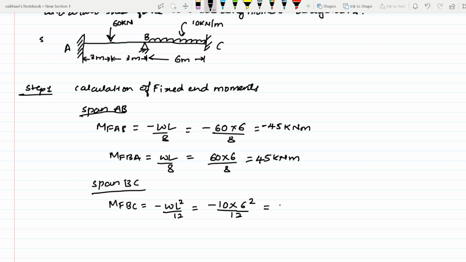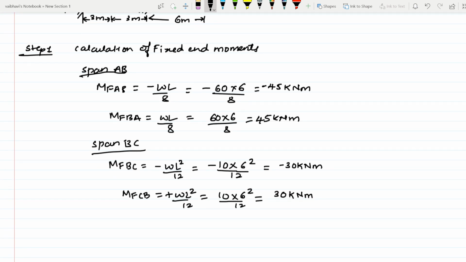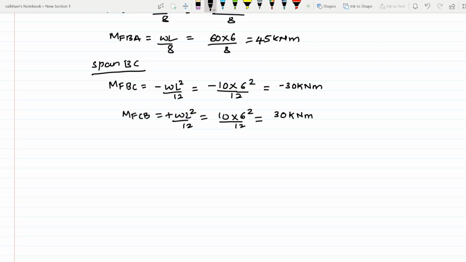It is minus 30 kilonewton meter, and MFCB is plus WL square by 12, so 10 into 6 square by 12, it is plus 30 kilonewton meter. So now for both the spans we have written the fixed end moment values MFAB, MFBA, MFBC, MFCB.